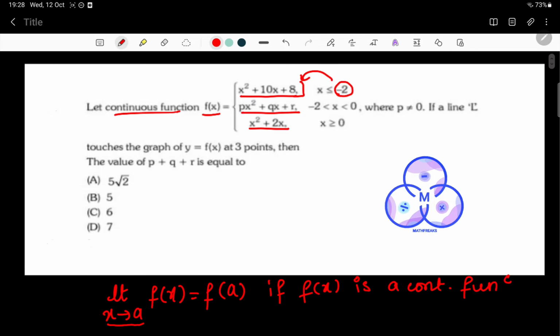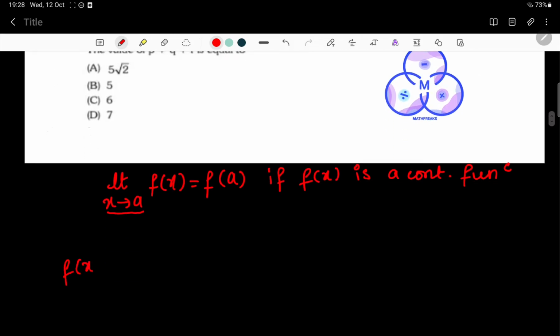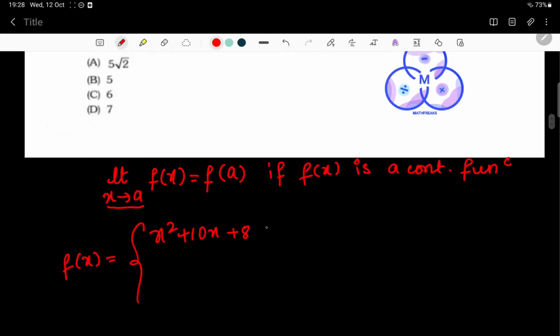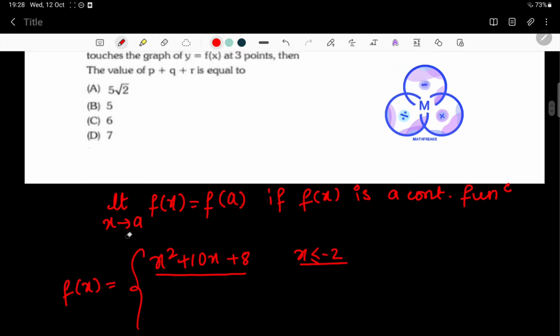So the given function is x squared plus 10x plus 8 for x less than or equal to -2. You are getting my point, right? This function is not undefined. If I put x equals -2, we can directly put the value.